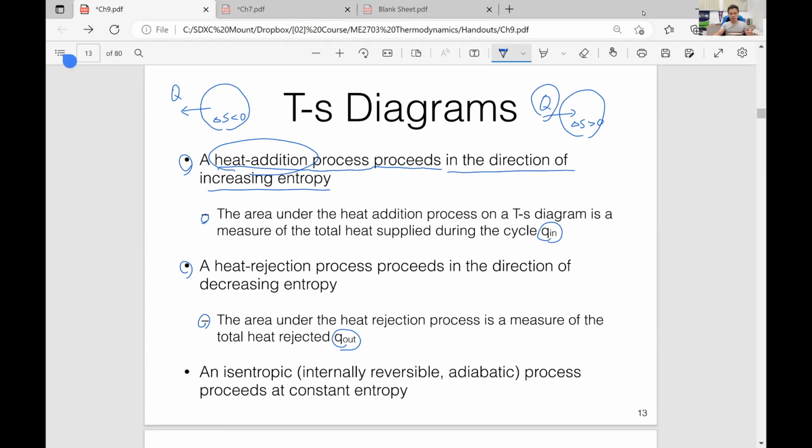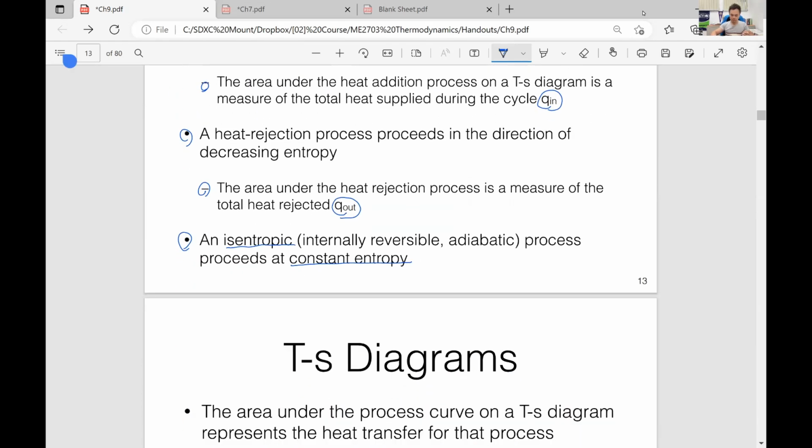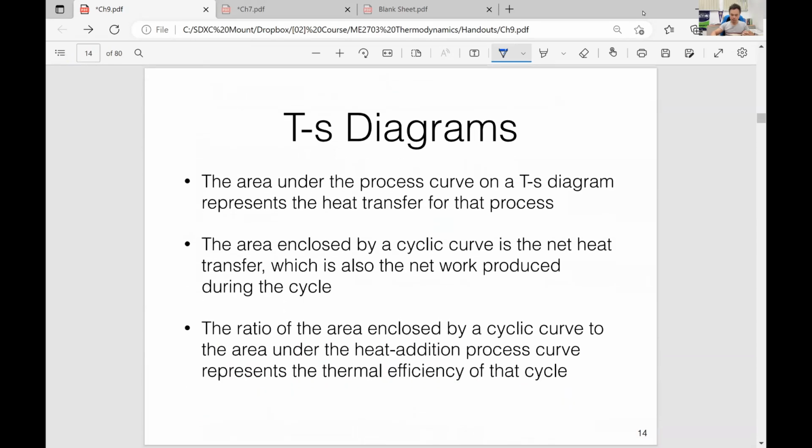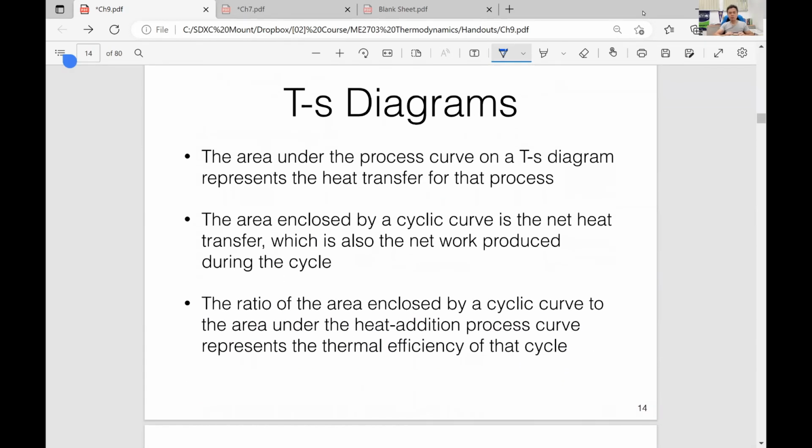Then an isentropic process. Isentropic means reversible and adiabatic, right? So an isentropic process proceeds at constant entropy. Of course, isentropic means constant entropy. On a TS diagram, the area under the process curve represents the heat transfer for that process.